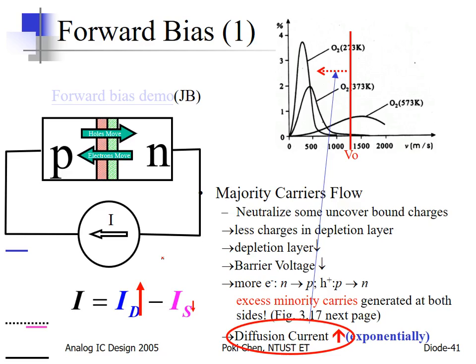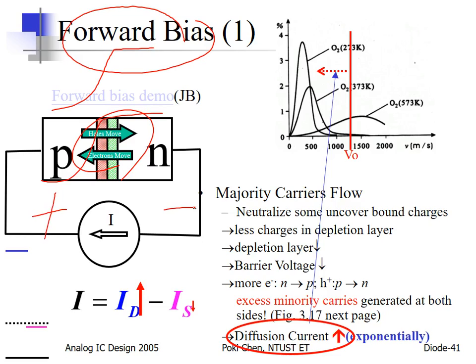That is for reverse bias. How about forward bias? For forward bias, you can see from the beginning, for the p-n junction, it looked like that, right? But how to apply forward bias? Positive here, negative there.